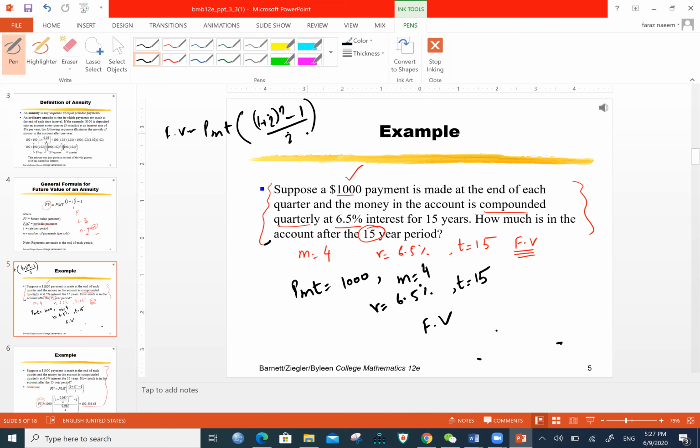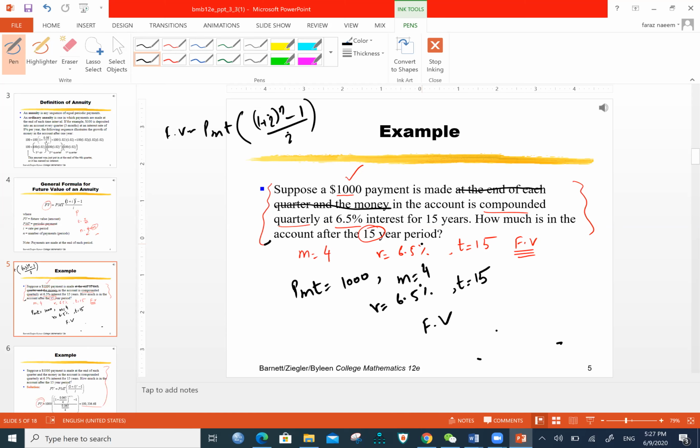Now, if I change the statement, I need everybody's attention. Suppose a $1,000 payment is made into the account and is compounded quarterly, is it still a problem of annuity?